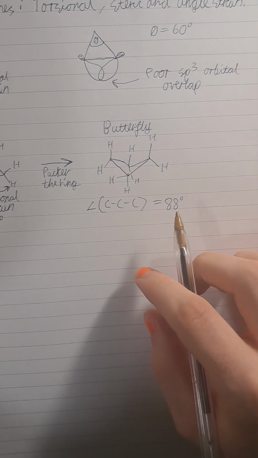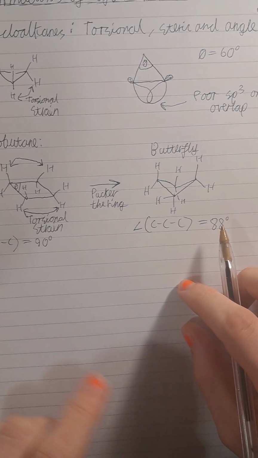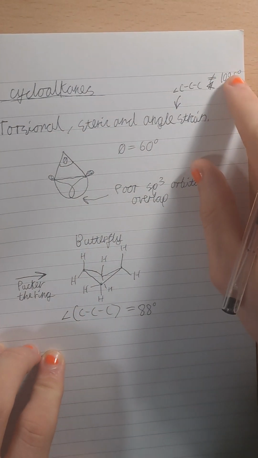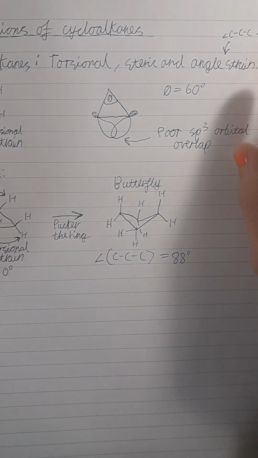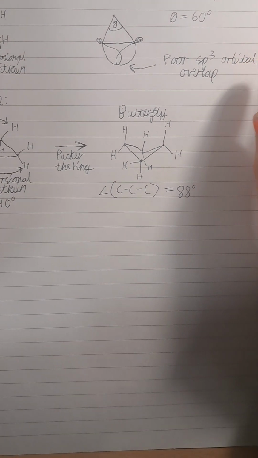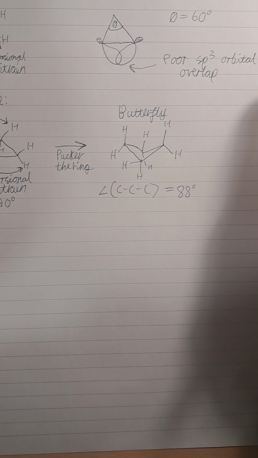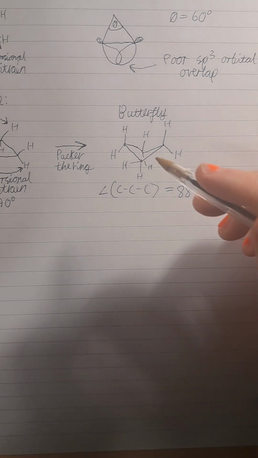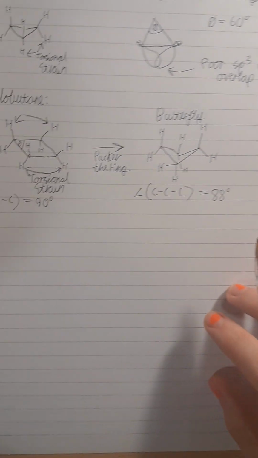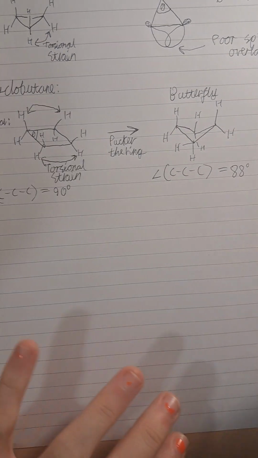So you have to note that we have gone from 90 degrees to 88, which is a bit annoying considering we want to be as close to 109.5 as possible. But the reduction in the torsional strain is a lot more significant than the increase in the angular strain, which means that it is worth it. This butterfly conformation is favourable. Yes, right, there we go.